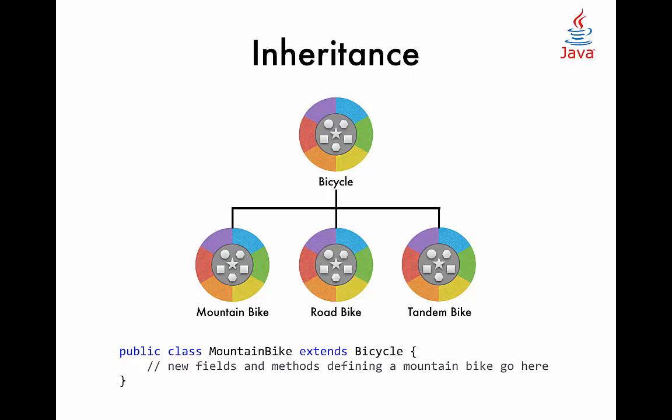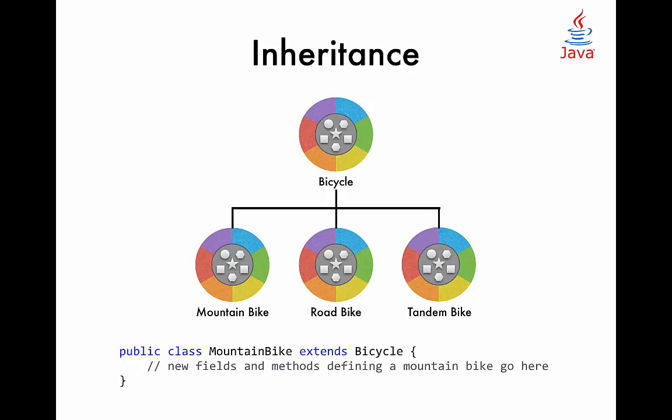We'll go into detail about inheritance later in the course, but here's a quick example of how one class can inherit the fields and methods from another class. A mountain bike, a road bike, and a tandem bike all inherit their fields and methods from the bicycle class.